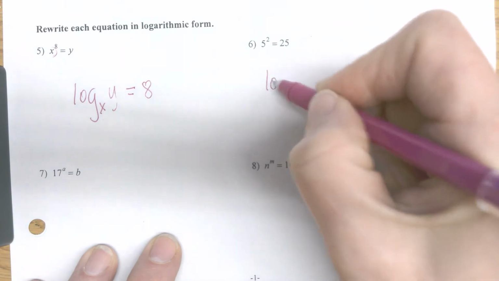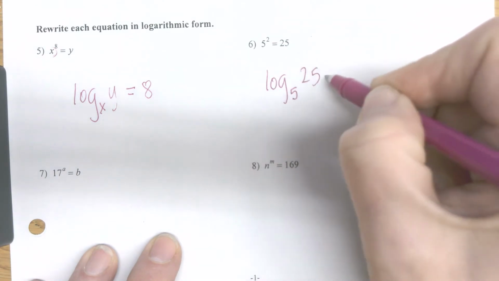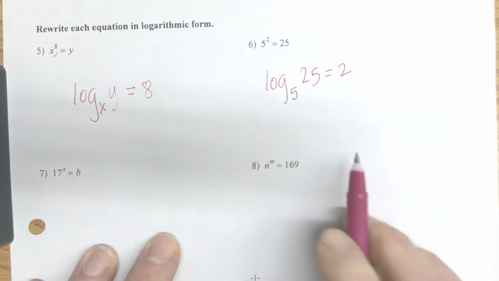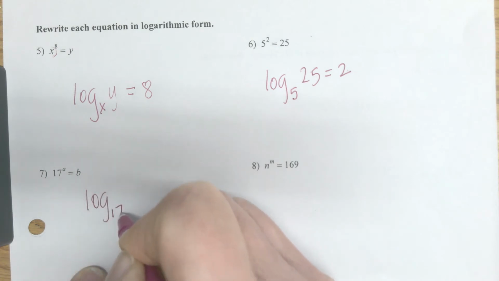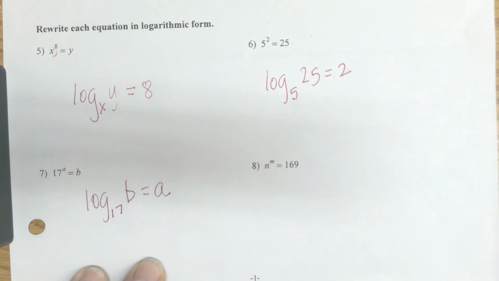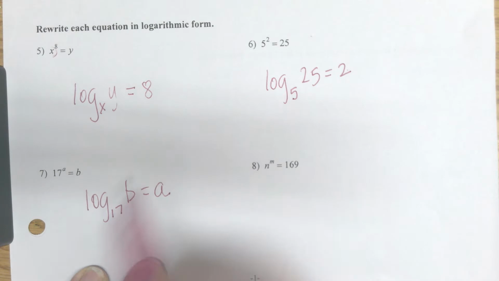So I have log base 5 of 25 is 2, because 5 squared is 25. The log base 17 of b is a. Again, the thing to remember is that the power is always the answer in the log.